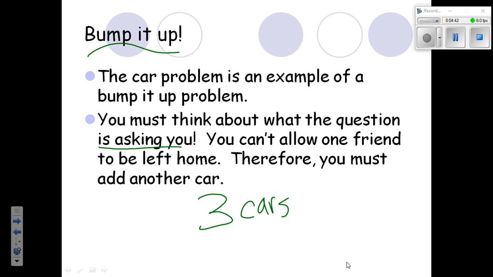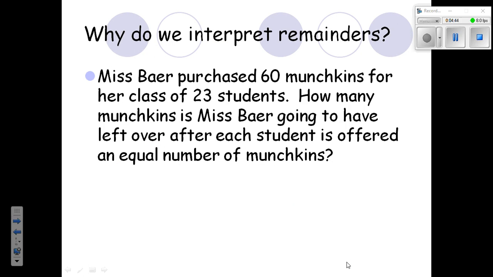All right, let's look at our last kind of interpreting remainders problem. Miss Bear purchased 60 munchkins for her class of 23 students. How many munchkins is Miss Bear going to have left over after each student is offered an equal number of munchkins? So this is definitely division. We're starting with a total. We have each in the question.